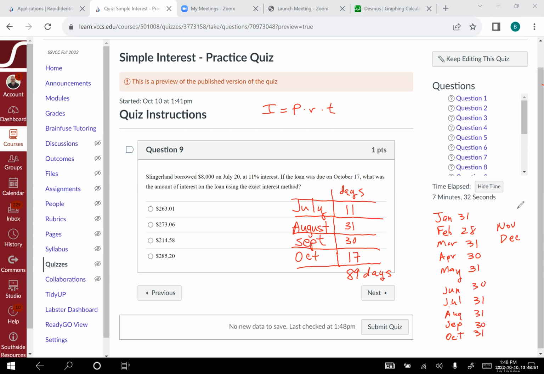November has, is November 30? Yes, November has 30 days.